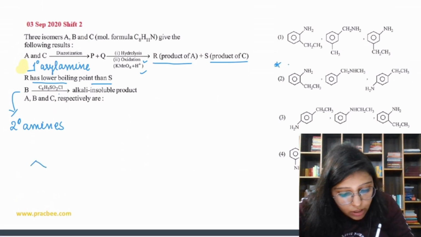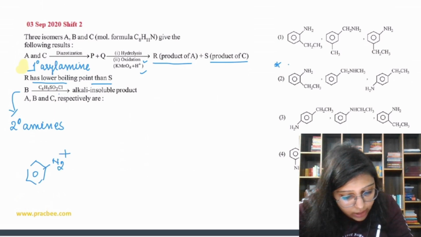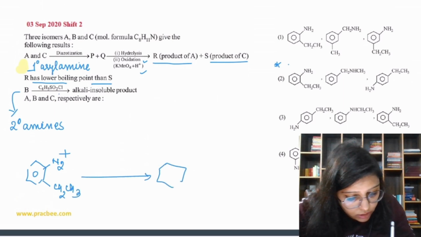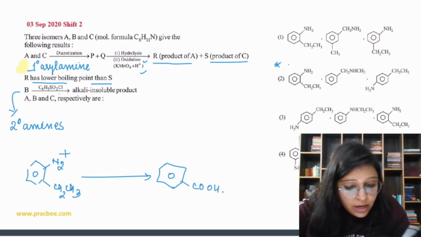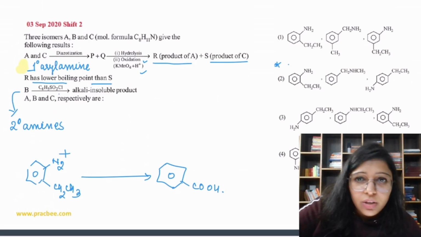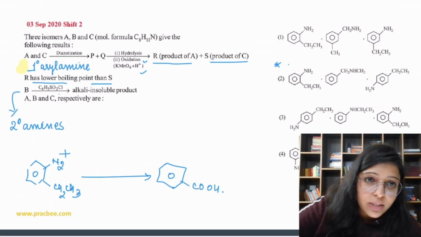Okay. So now if this is A, after diazotization we have N2 positive and CH2CH3. Now after hydrolysis and oxidation, we get COOH, right? For hydrolysis we are going to react this with H2O in the presence of H plus. Okay?